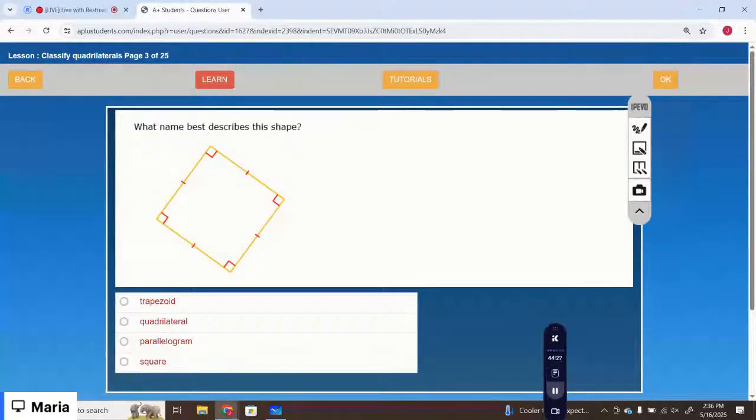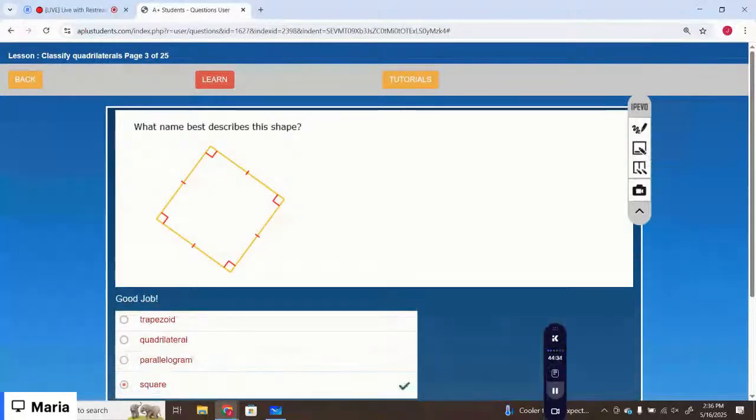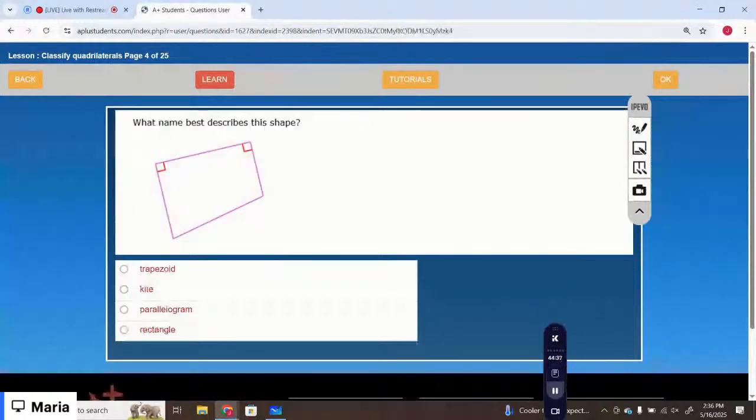What name best describes this shape? That is a square. Option number four is the correct option. What name best describes this shape?